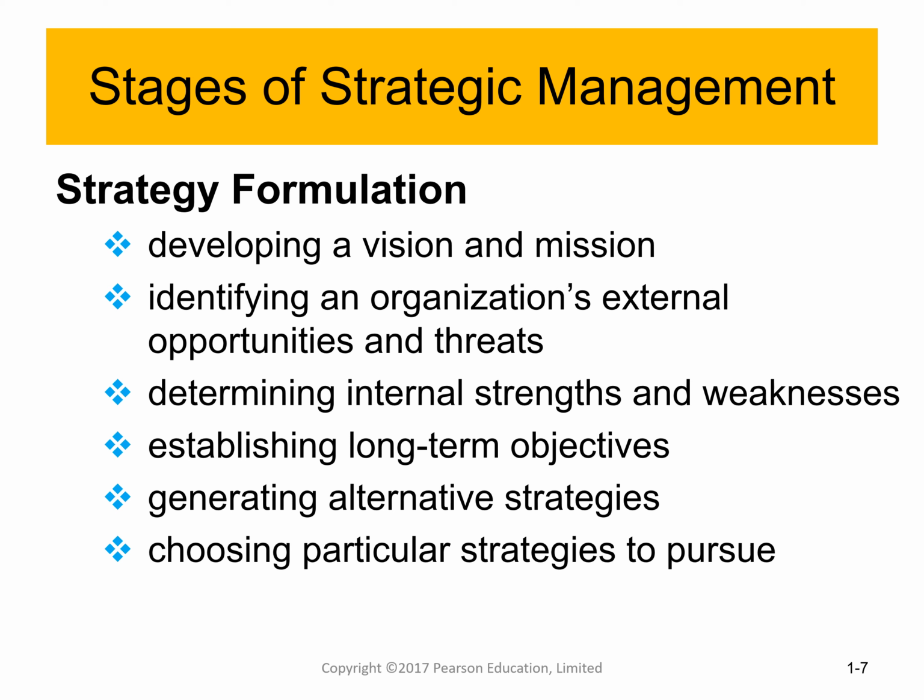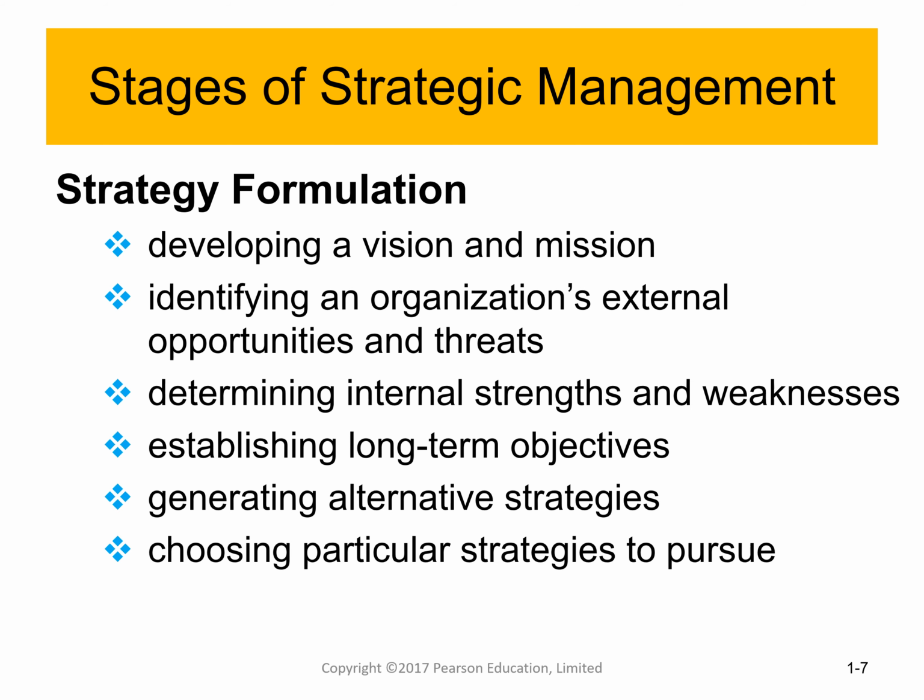What we mean by long-term objectives is any objective that is more than 1 year. In the pursuit of the vision and mission, the organization also needs to generate alternative strategies that it wishes to pursue, and decide which strategies to pursue in order to achieve the vision and mission of the organization.